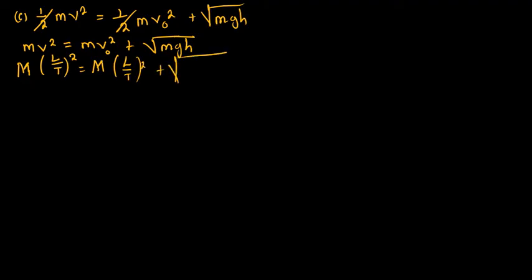Notice that in the square root, the dimensions of mass is big letter M. The dimensions of gravity is simply L/T power 2. The dimensions of height is simply L. So we are going to have something like this if we expand.